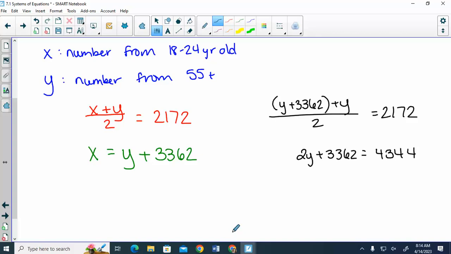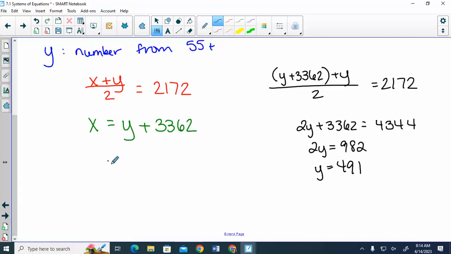Are you guys all with me here? Okay. So now what? Subtract. Subtract over the 3,362. Divide by 2. And we get 1,491. And once I have y, how do we get x? Alright, so x is 491 plus 3,362.